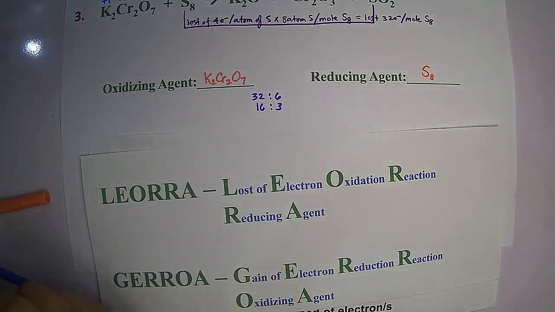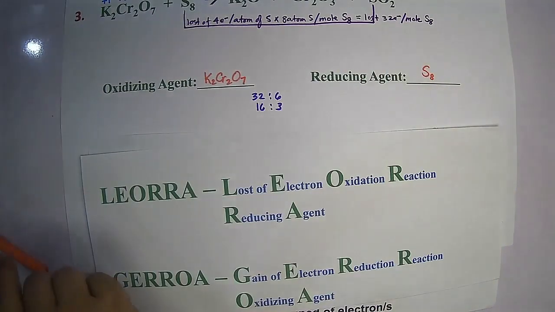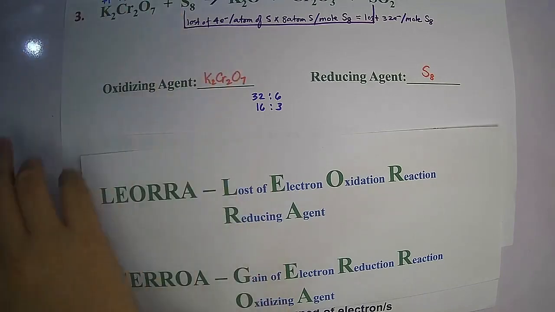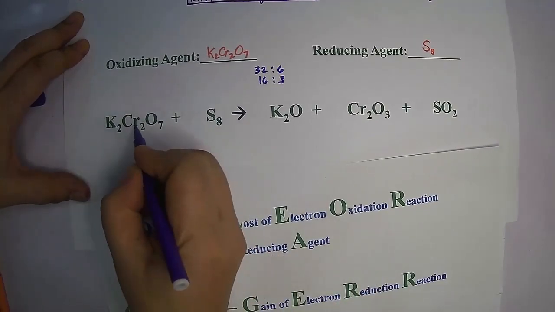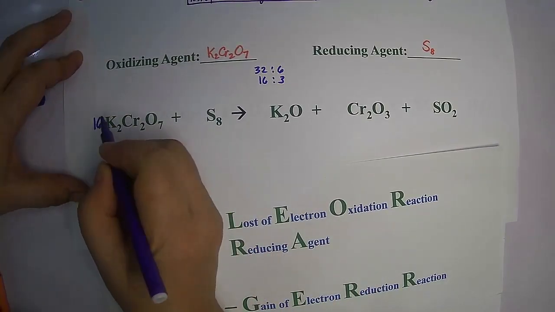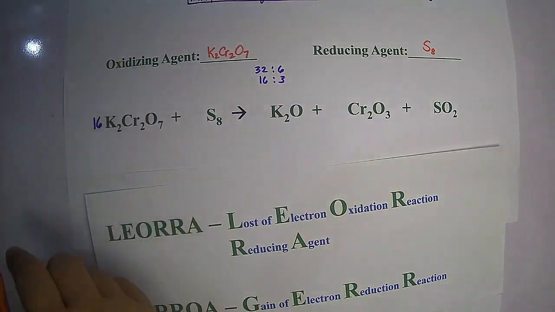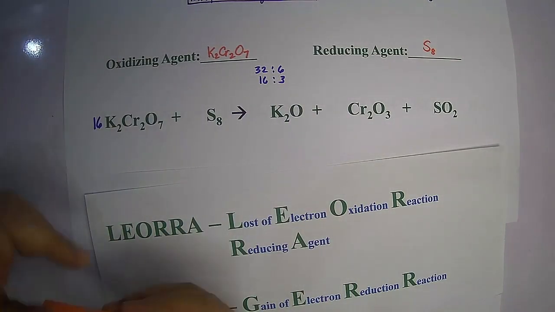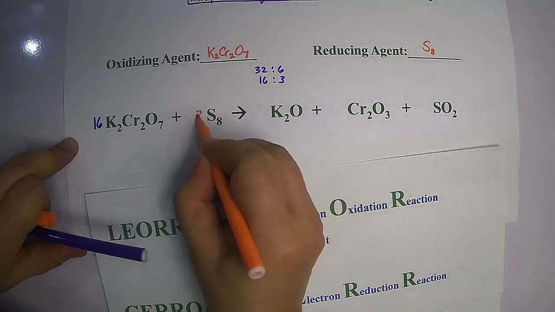That 16 is the one that is lost, so that would be the coefficient of chromium. So you have here chromium 16. The one that lost and the one that gained. So the gain must be the coefficient of sulfur, that is here 3.